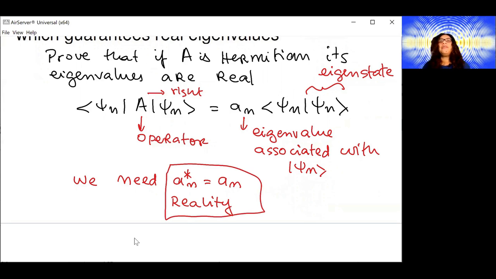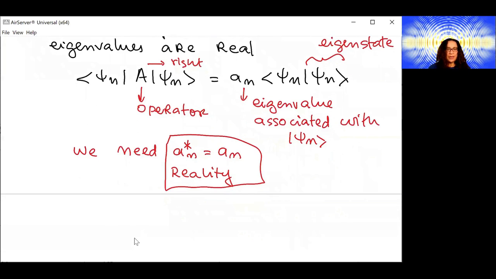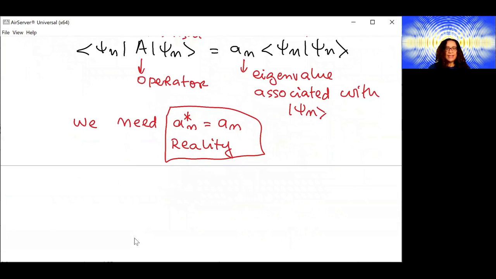Okay, we're going to do that, and we have this eigenvalue equation. Now let's have a look at what happens if we have the Hermitian conjugate, if we have a dagger. So let's calculate what is ⟨ψn|A†ψn⟩.